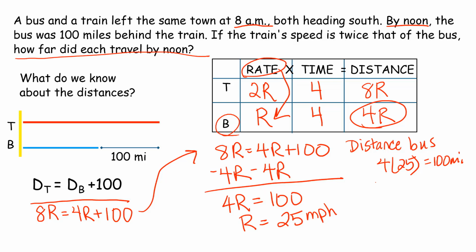To find the distance of the train, I will need 8R because that is what is in my table for the distance of the train. So R is 25, so 8 times 25 is 200 miles. All right, so we got what we were trying to find.